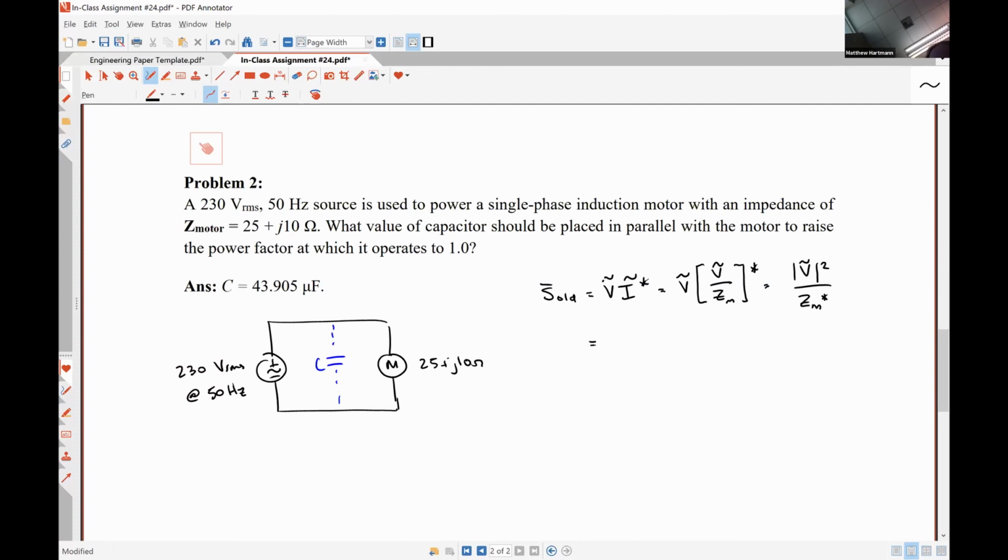So that would be 230 volts RMS squared divided by 25 minus j10 ohms.